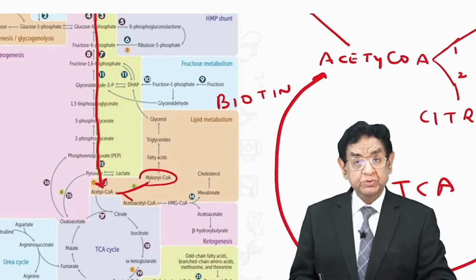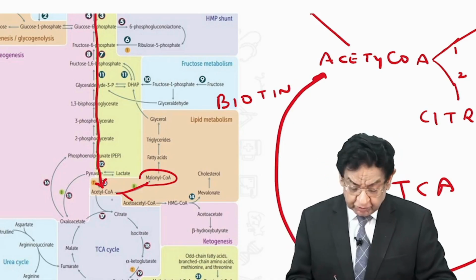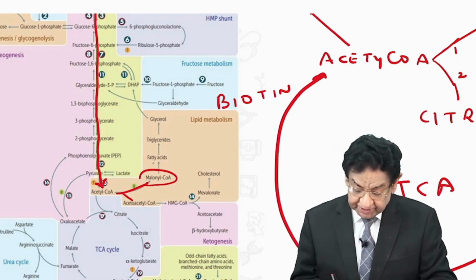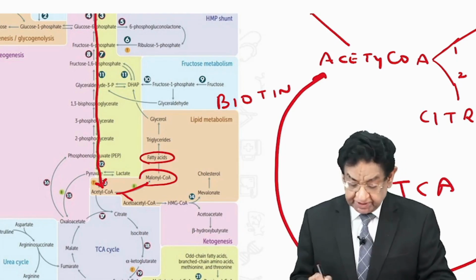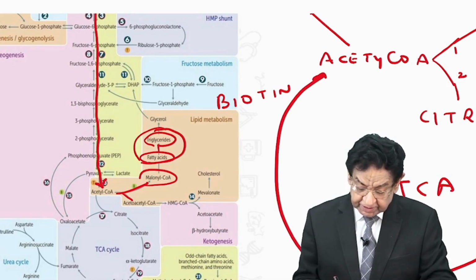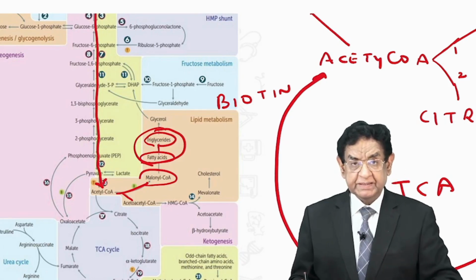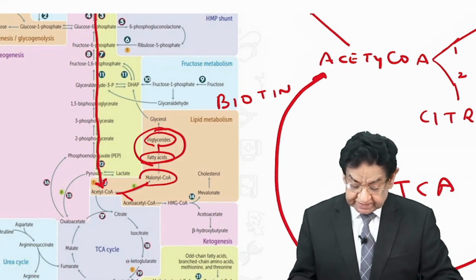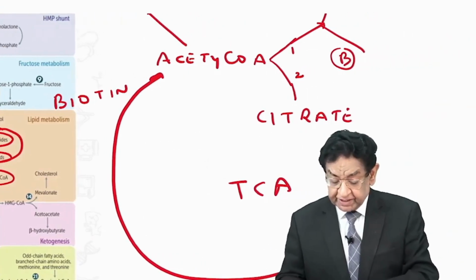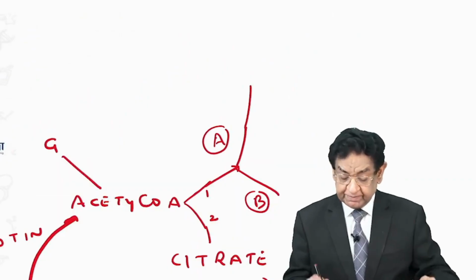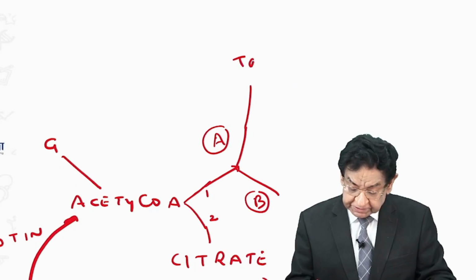So with the help of biotin, the acetyl coenzyme A is converted into malonyl coenzyme A, and this gets converted into fatty acid. And fatty acid gets converted into triglyceride later on. This conversion I'll be talking about in part 2. But as of now, we just learned that when acetyl coenzyme A goes to road 1 and road A, ultimately the end product is triglyceride.